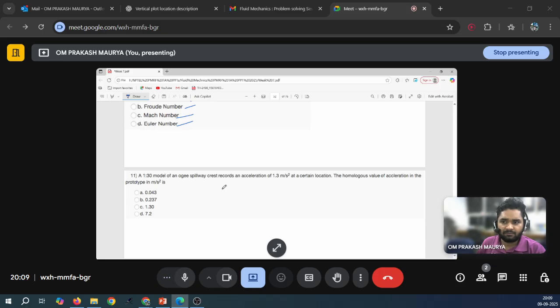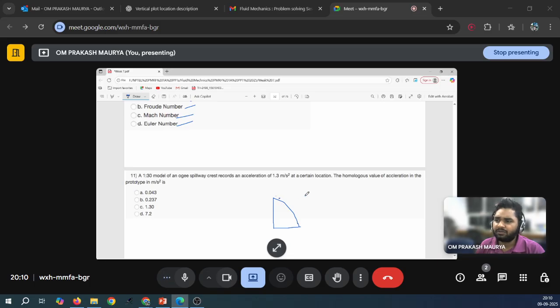The homologous value of acceleration in the prototype, in meter per second square? So you have one spillway like that, an Ogee spillway, at some locations.